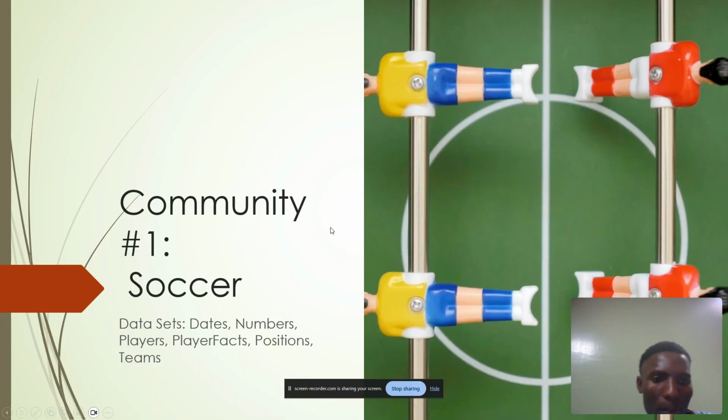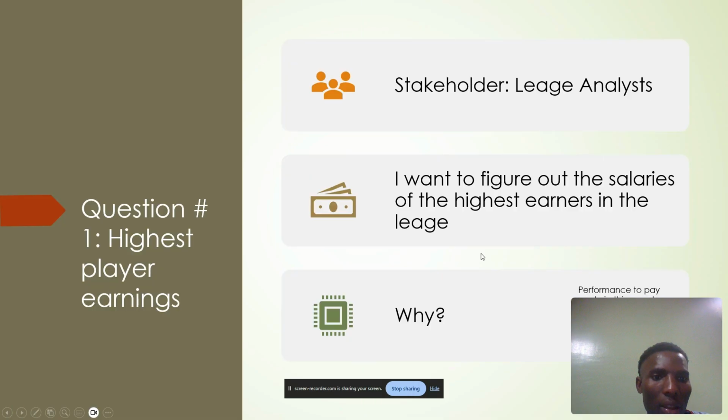The next one is the highest player earnings. We work with the stakeholders, the league analyst, and we want to figure out the salaries of the highest earners in the league. The reason is the performance to pay analysis. This may show the correlation between performance and the salary of the player.